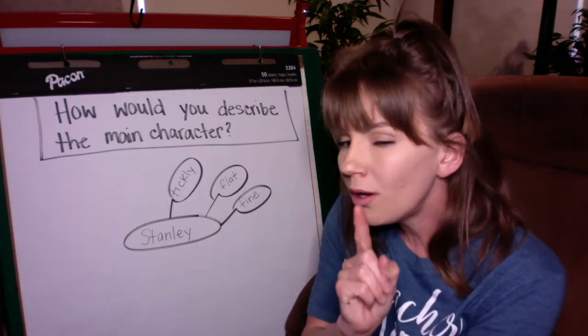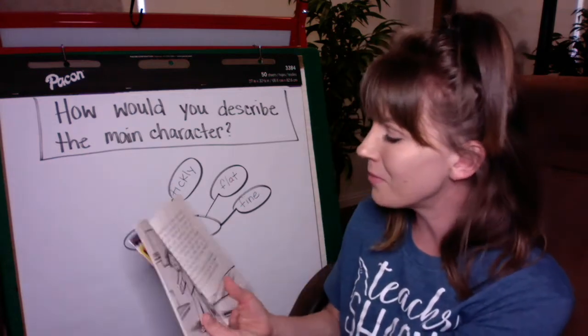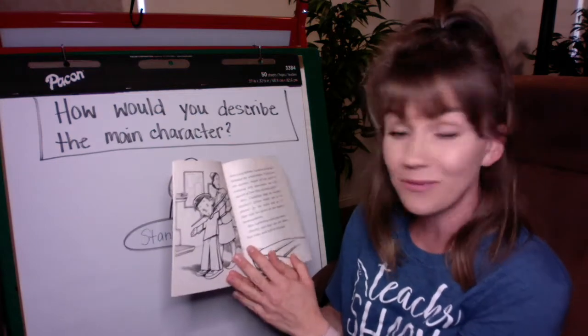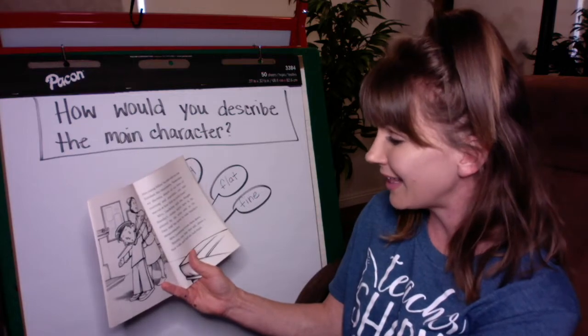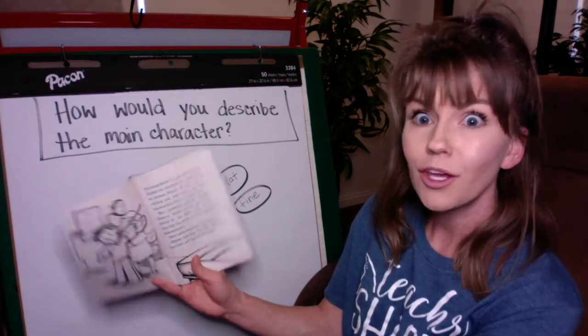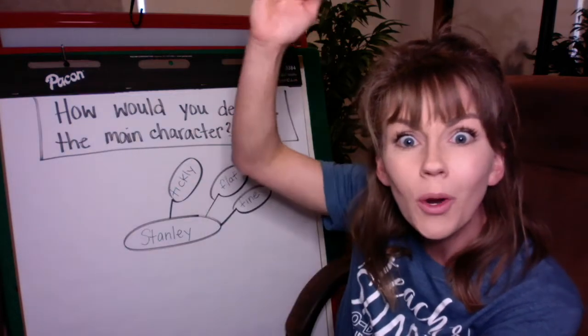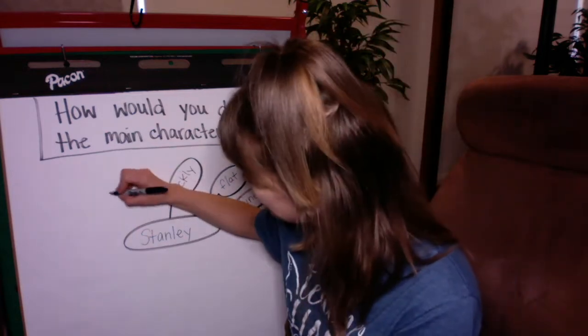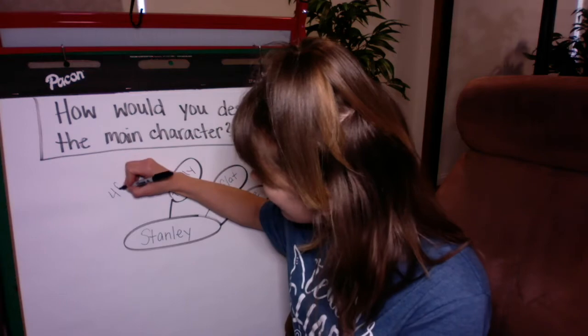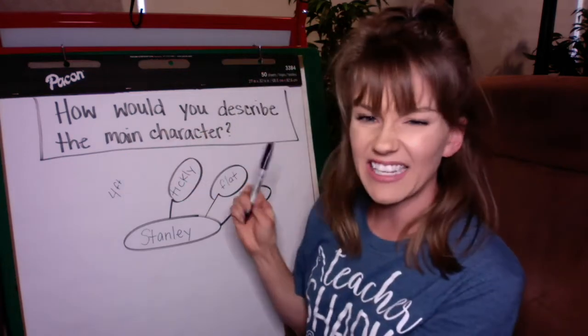But there were more words there. There were more words on this page that we can use to describe our little friend Stanley. You're right. He is 4 feet tall. So we can write down 4 F-T, that stands for feet.